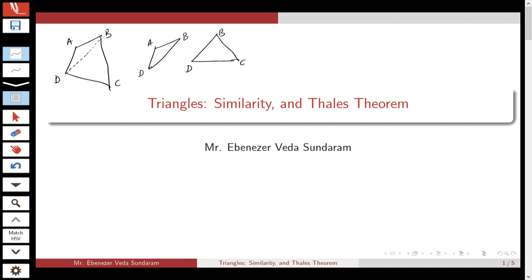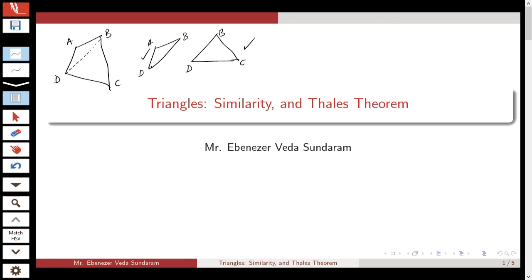Now you see, if I want to study this quadrilateral in particular, it now reduces to two problems: studying this triangle first and this triangle next. So any quadrilateral could be divided into two triangles, and you can study those two triangles, which means you are studying the quadrilateral.